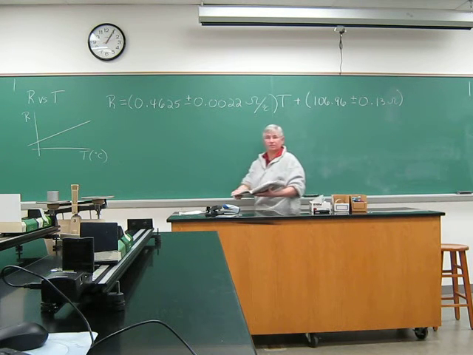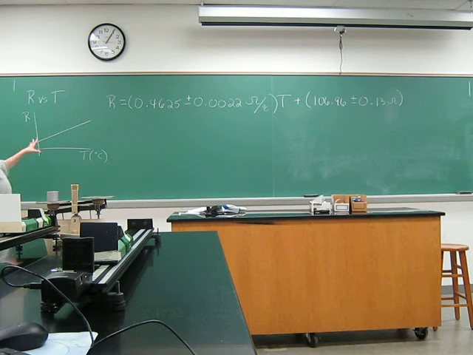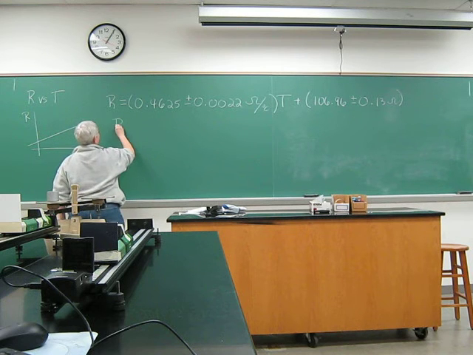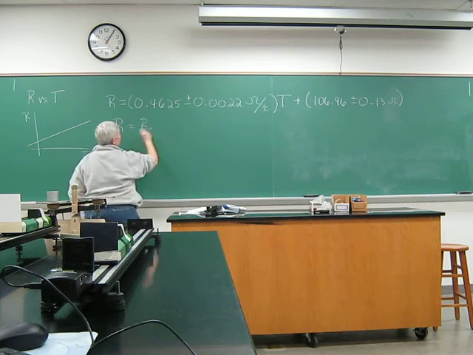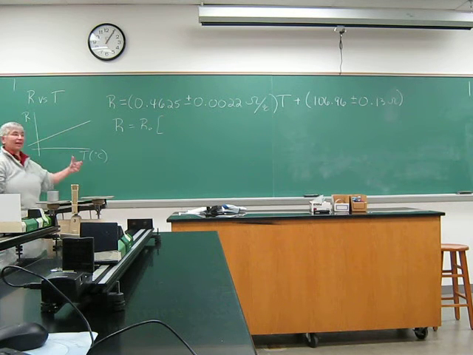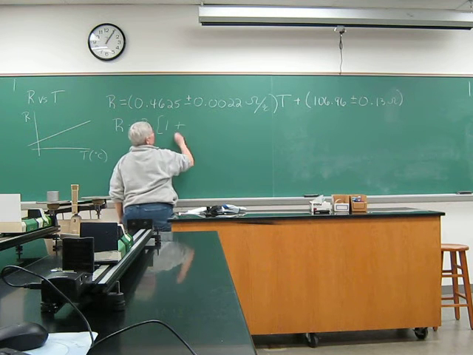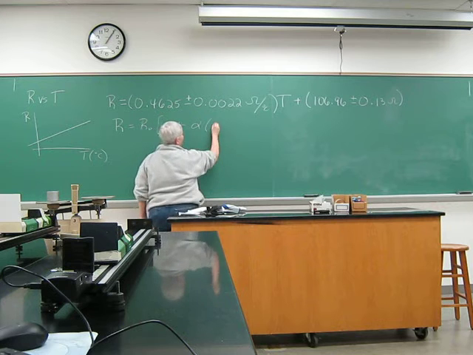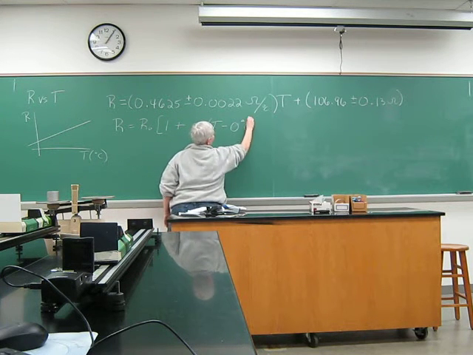Okay. So that's what the curve fit gave me, but I also know that R is related to the resistance at, in my case, 0C: R = R0(1 + alpha(T - 0C)).